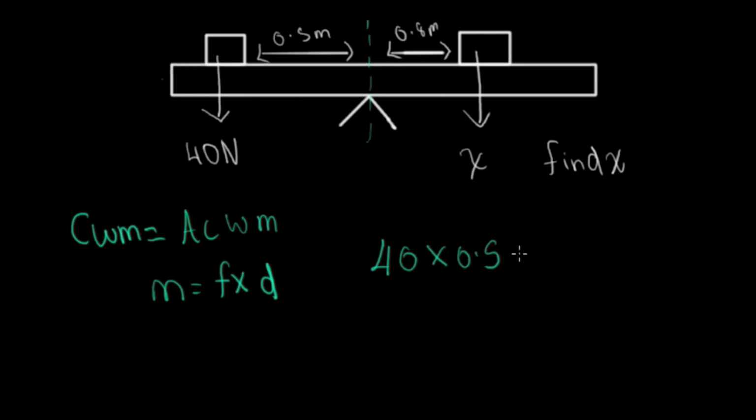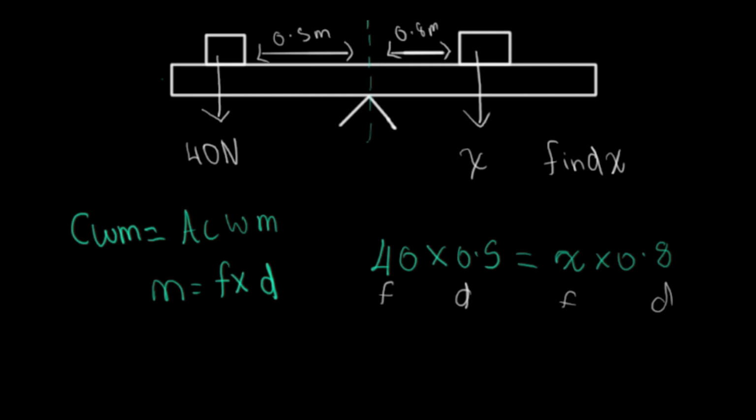This being the force, this being the distance, is equal to, because clockwise moments are equal to anti-clockwise moments, both of these are the same, X times 0.8, where this is the force and this is the distance. And now we just solve for X.